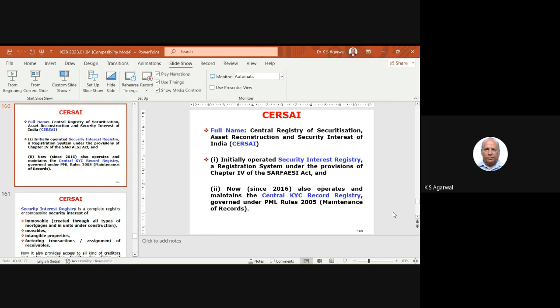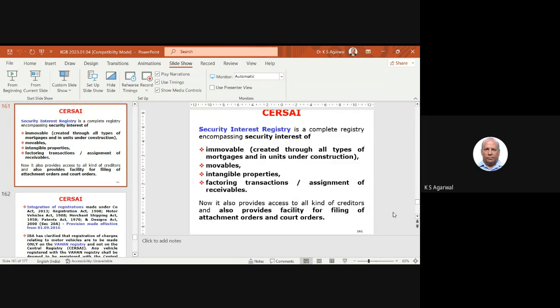Now, since 2016, it is also operating and maintaining the Central KYC Record Registry under the PML Rules 2005 on maintenance of records. So two registries are there: Security Interest Registry and Central KYC Record Registry. Security interests in immovable, movable, intangible property, factoring, assignment, or receivables have to be registered.